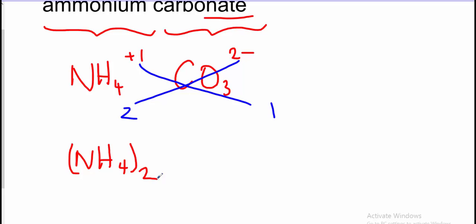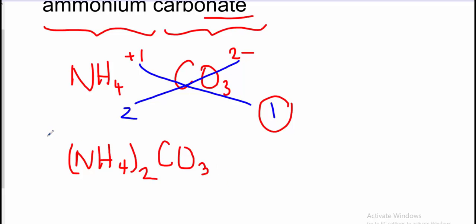And then CO3 is the anion. Do I need brackets around it? I don't, because I only have 1. And I don't need to put the 1 in the formula. I also don't need to have brackets around the carbonate here. So this is my answer, (NH4)2CO3, ammonium carbonate.